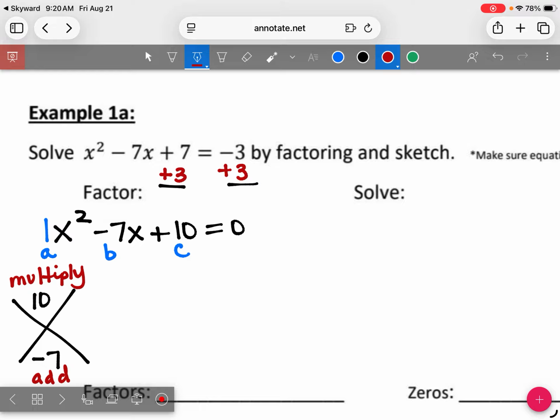And the only way that can be true is if both numbers are negative. So go ahead and take a moment. You're looking for two numbers that multiply to a positive 10, but add to a negative 7.